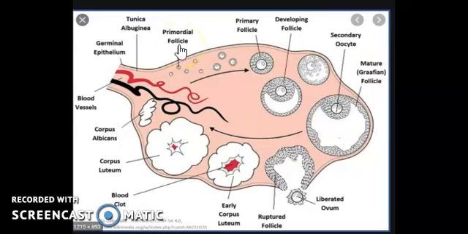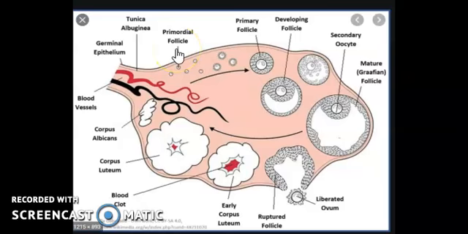Of the 2 million primordial follicles in the fetal ovary, only about 1 million remain at birth and only about 40,000 remain at the time of puberty. The large-scale destruction of the primordial follicles during growth is called atresia.